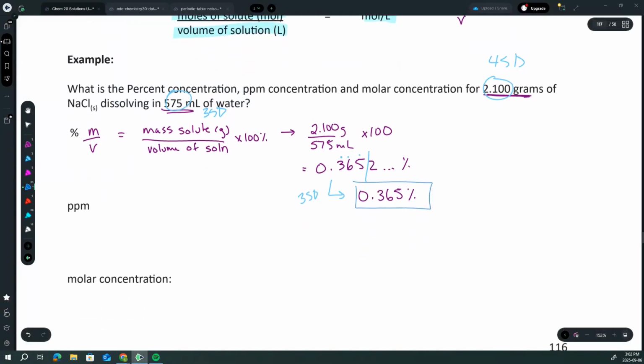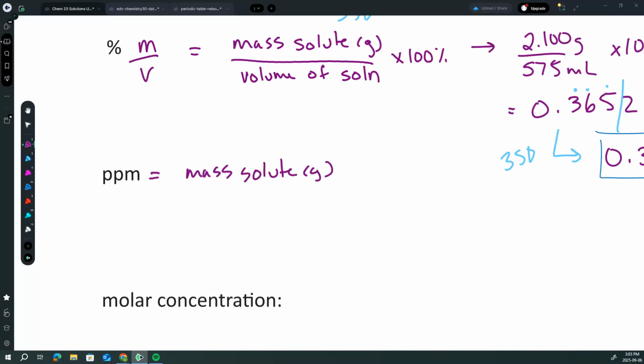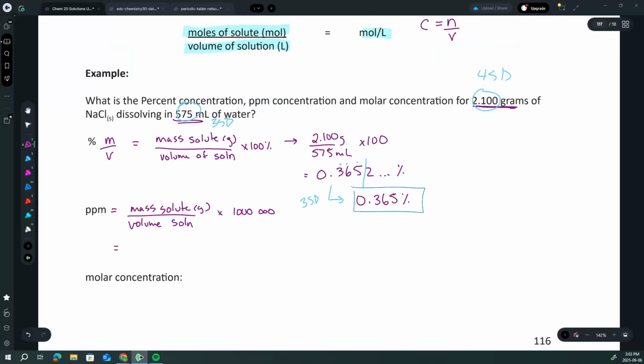All right, parts per million. So that formula, that's mass of solute in grams divided by volume of your solution times by 1 million. So essentially we're just plugging in the same values into this equation.